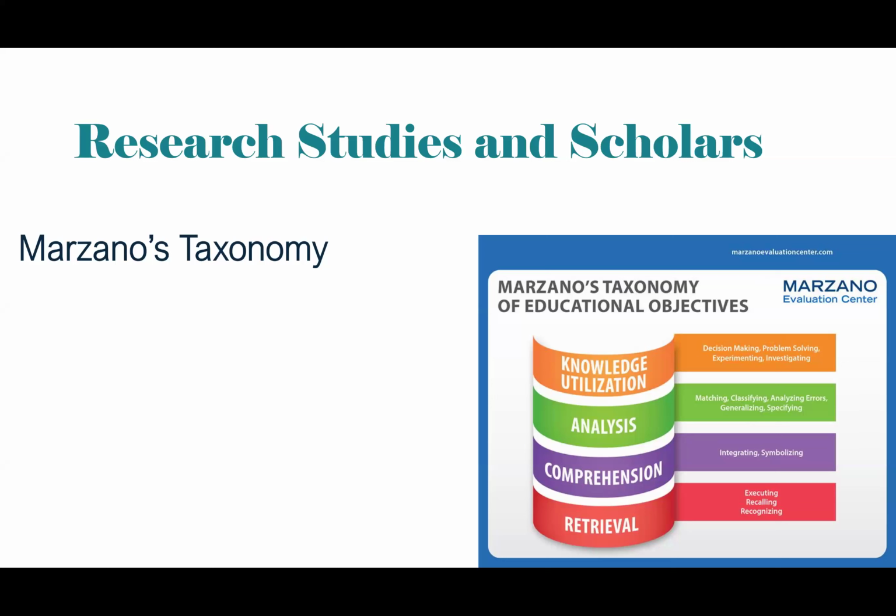Let's now talk in brief also about the key differences in application. The first difference that we will focus on is depth versus process. Webb's depth of knowledge is more focused on the depth of engagement with the content, considering how deeply students must think about the content in a task.